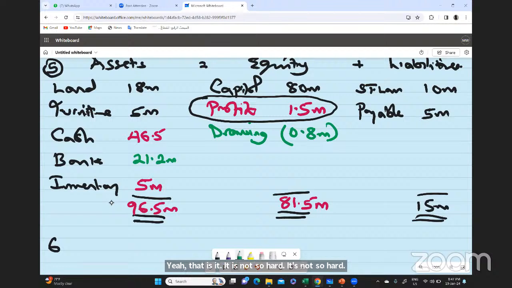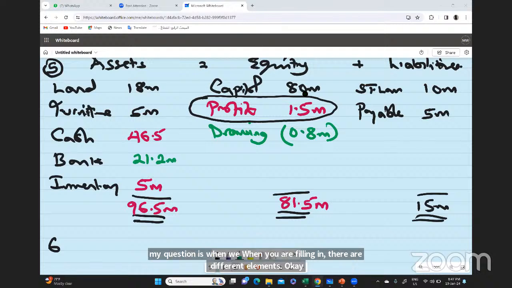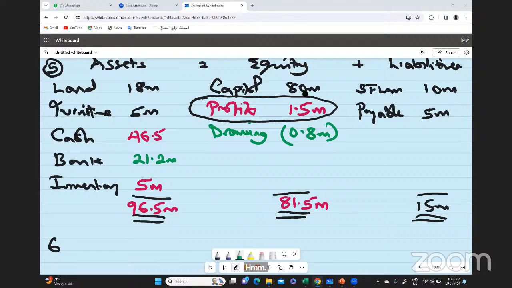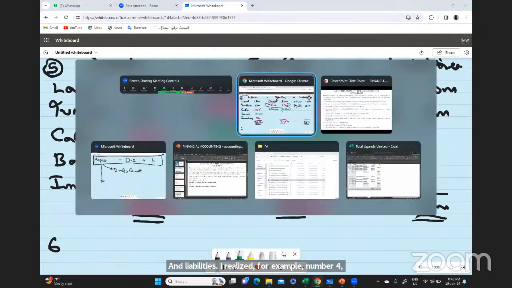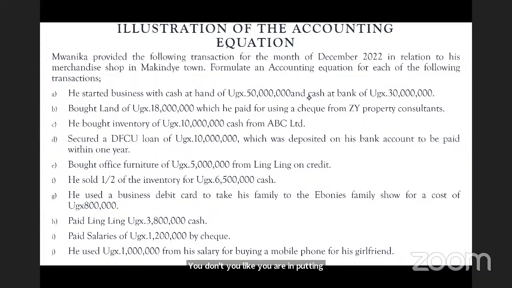Are we okay? Excuse me, sir. Yes, please. My question is, when we are filling in these different elements on the side of claims, that is owner's equity and liabilities, I realized, for example, on number 4, you are inputting plus. Are we supposed to put them there, or we just put the transactions the way they are?